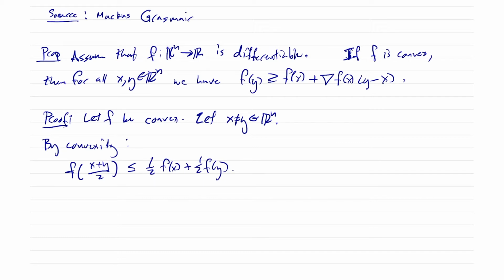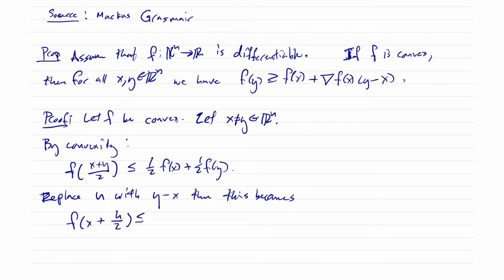Now if we replace h with y minus x, then this becomes f of x plus h over 2 is less than or equal to 1/2 of f of x plus 1/2 of f of x plus h.